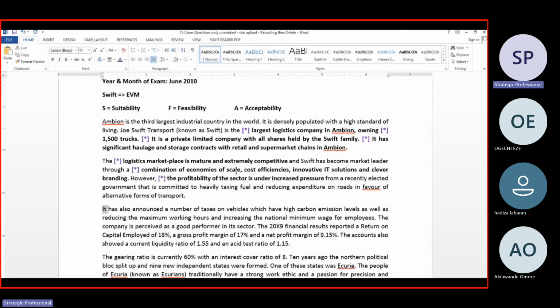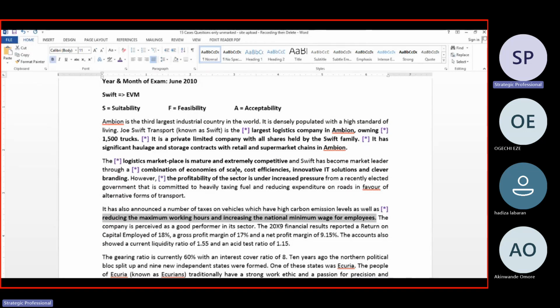It has also announced a number of taxes on vehicles which have high emission levels, as well as reducing the maximum working hours and increasing the minimum wage for employees. So we will just see here. Because of this point, maximum working hours have been reduced and wages have been increased.